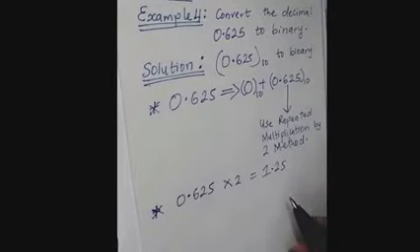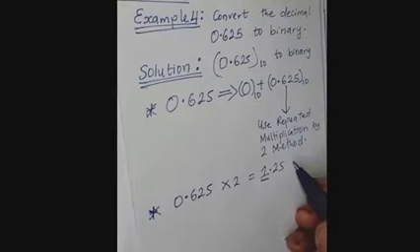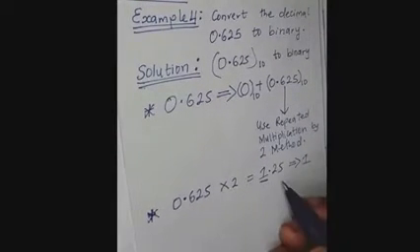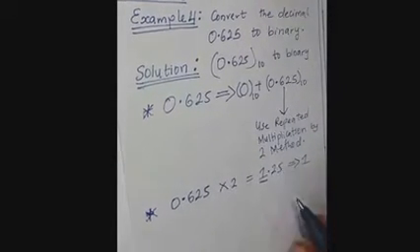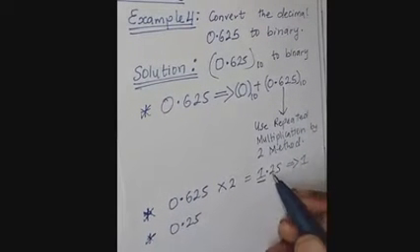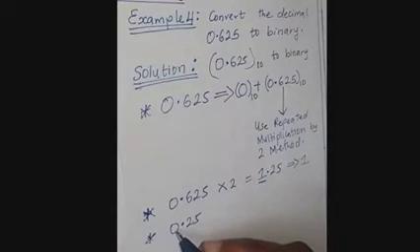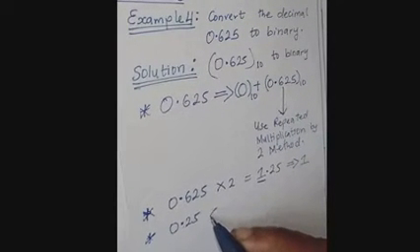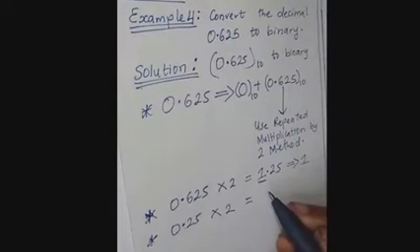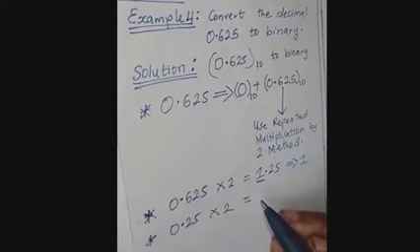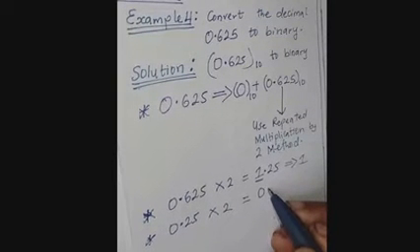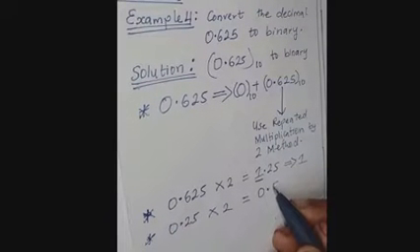If we multiply 0.625 by 2, we are going to get 1.25. This one, we will write it out. The remaining part here, which is 0.25, you rewrite under here, 0.25 times 2. 0.25 times 2 is going to give you 0.5.